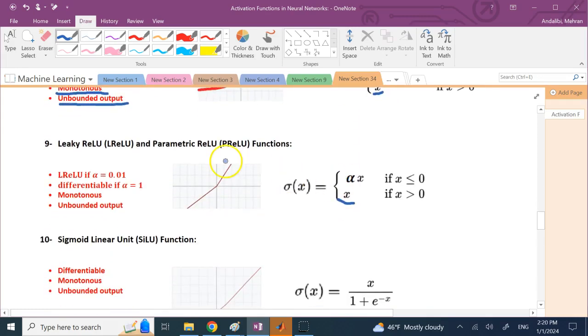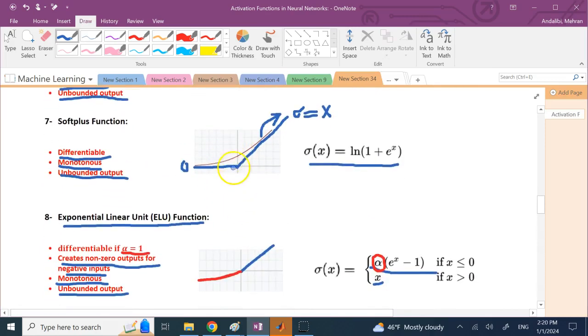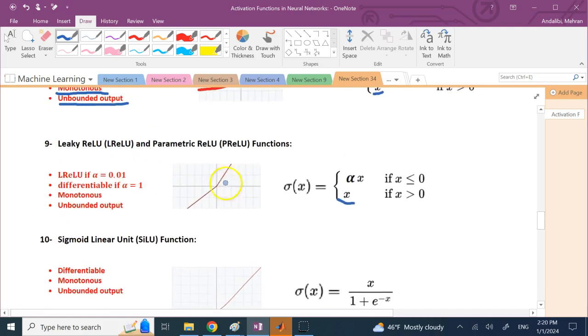The next function is a simpler modification to the ReLU function. Instead of having 0 output for negatives, they made a negative output for negatives by combining 2 linear functions. So for negative x's, you have alpha times x, right? And for positive, you have x.